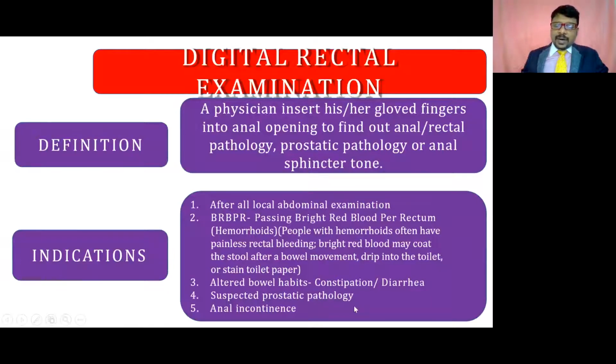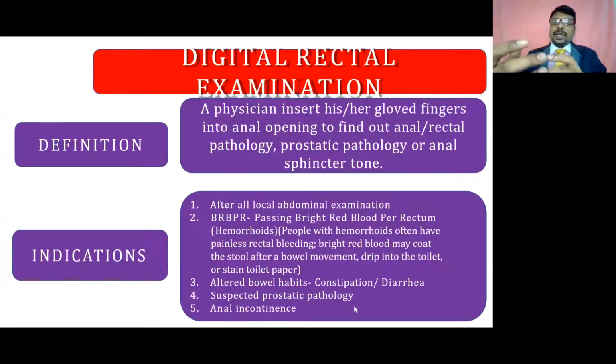Also in case of altered bowel habits, which means either constipation or diarrhea. Constipation means difficulty passing feces, or being unable to pass feces. It may take 2 to 3 or 4 days, depending on the severity.